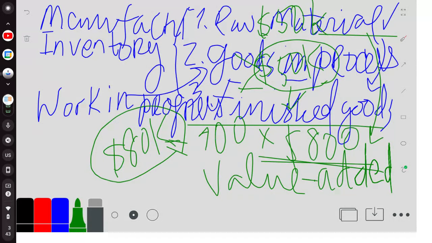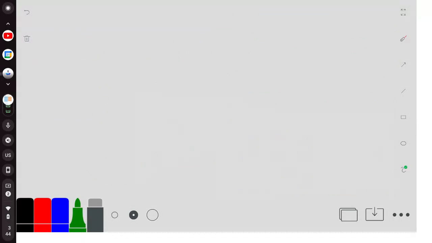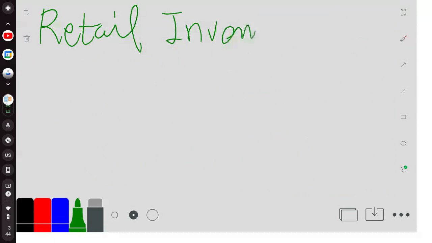So all of this is inventory. In the case of manufacturing, inventory includes all of those. But in the case of retail, inventory is all finished goods. Isn't that right?